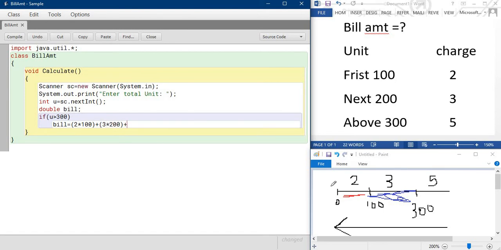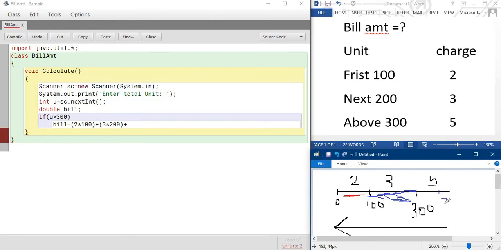Plus. Now suppose you're wasting 390 unit. Now already you are paying amount for 300 unit. So how much extra unit did you pay? Only this much. So in this case 390 minus 300, means whatever the unit amount minus 300.